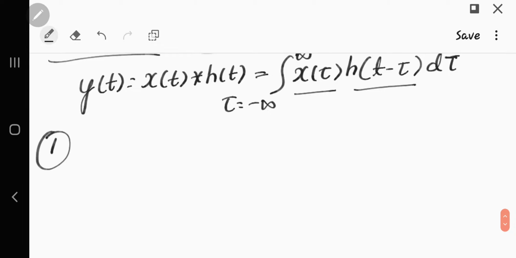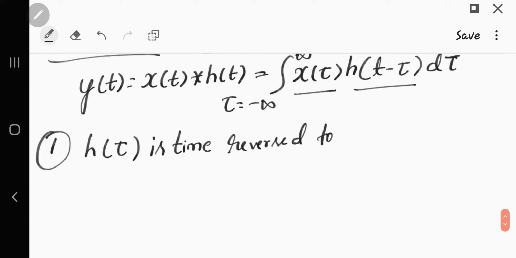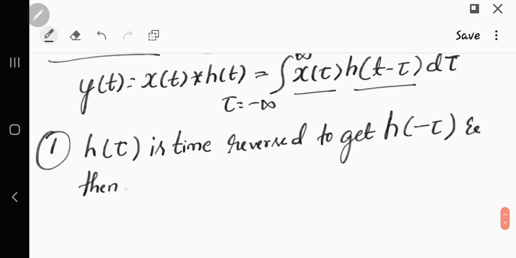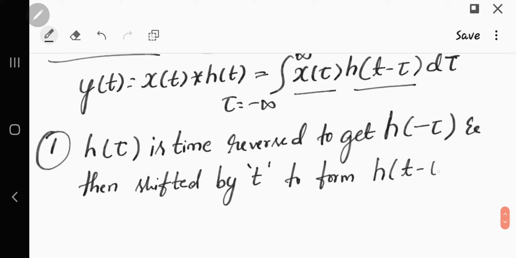So, in the first step, if you are going with x of t convolved with h of t, the impulse response h of tau is first time reversed to get h of minus tau, and then it is shifted by t to form h of t minus tau.